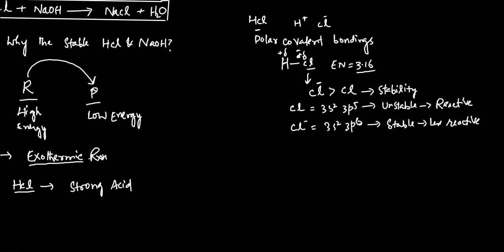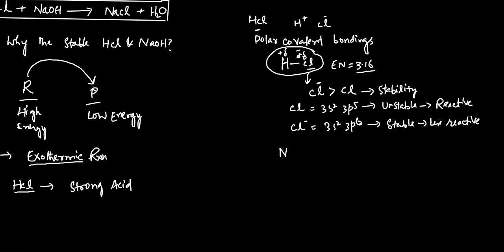Therefore, chlorine in this case has a tendency to gain that electron from the hydrogen, and it tries to go into some other position which can give it that, completely transferring the electron to the chlorine.